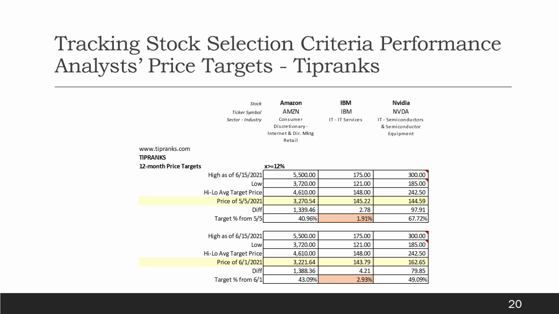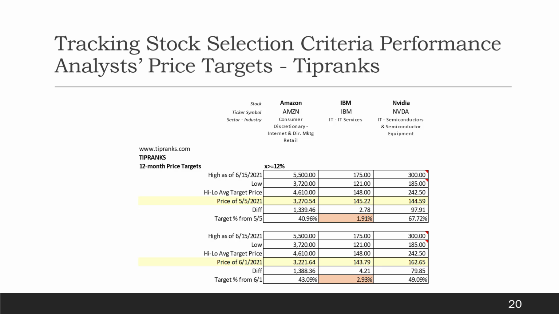NVIDIA's price increased, so the distance to target price is shorter. On June 1st, going 12 months out, Amazon would have to rise by 43.09%, IBM by only 2.93%, and NVIDIA by 49.09% to reach the high-low average target price.